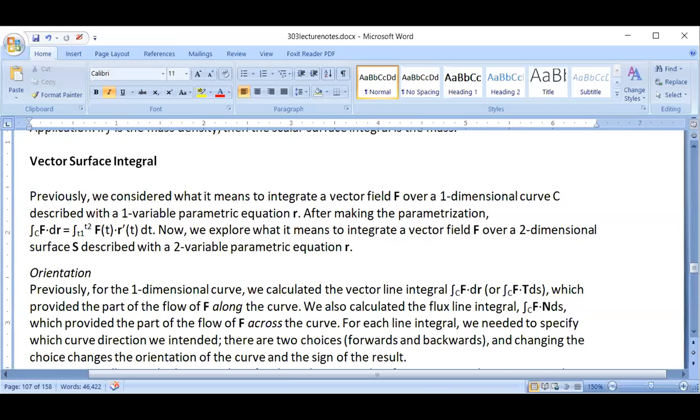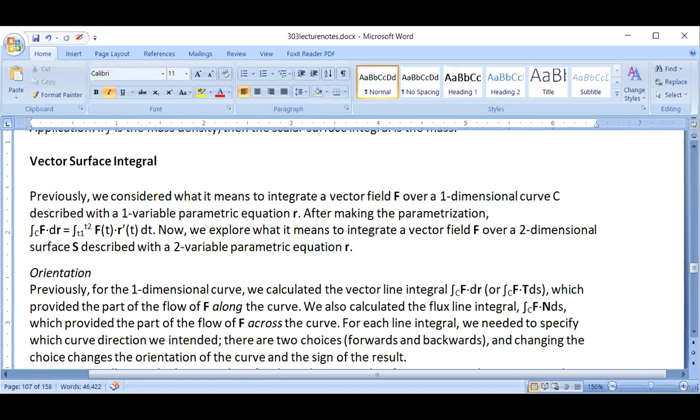So what did orientation used to mean? For a one-dimensional curve, remember that the line integral, the integral over the curve of F dot dR, could also be written as the integral over the curve of vector field F dot unit tangent vector T ds.